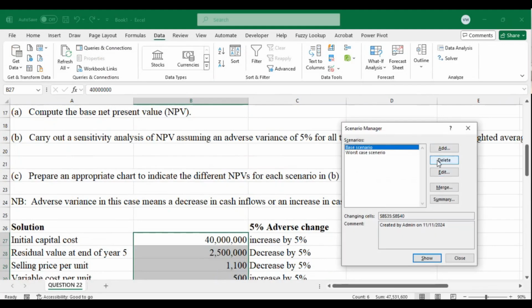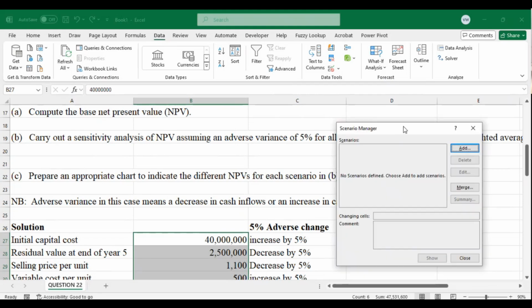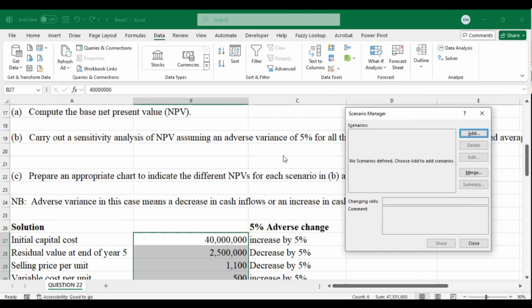Maybe let me delete these scenarios because they may be part of some other workings I was doing, so that we start afresh. When you go to Data, in case there is no existing scenario that you've done, go to What-If Analysis, Scenario Manager. It gives me the option to add a scenario.